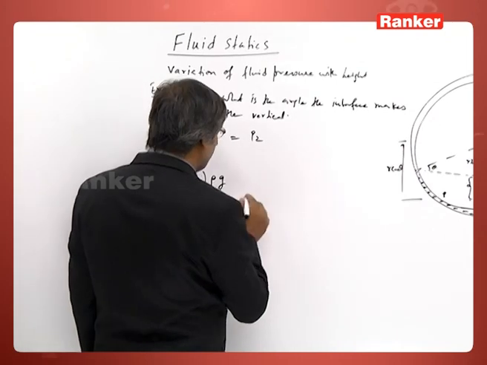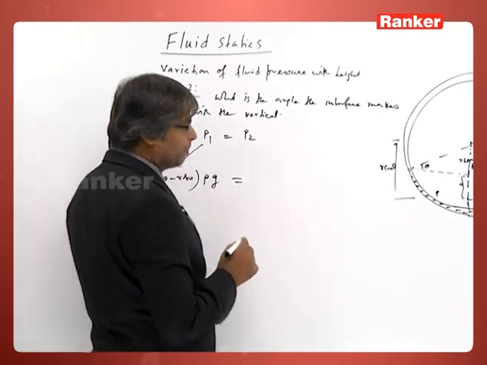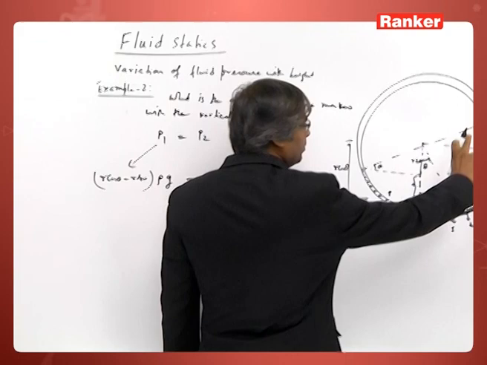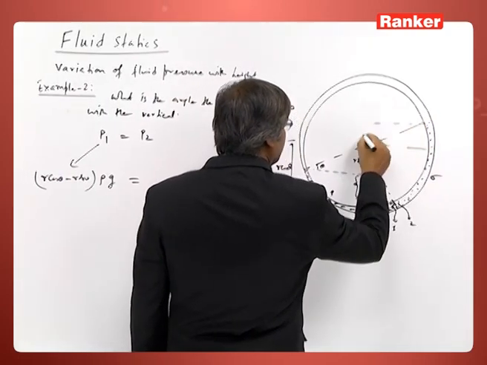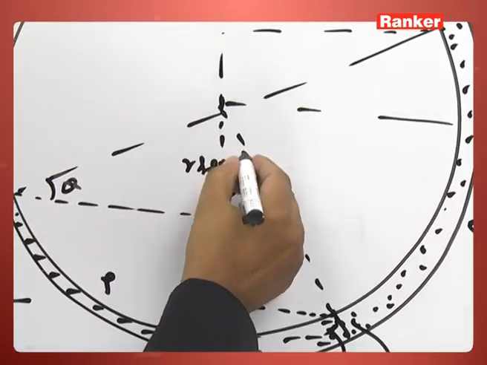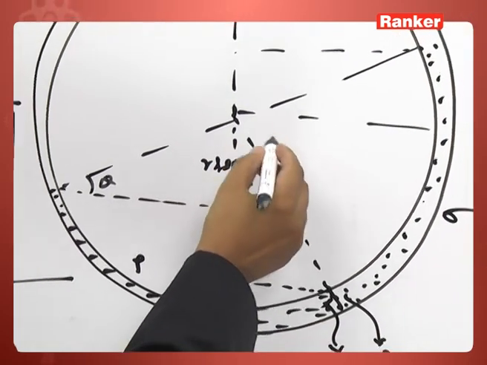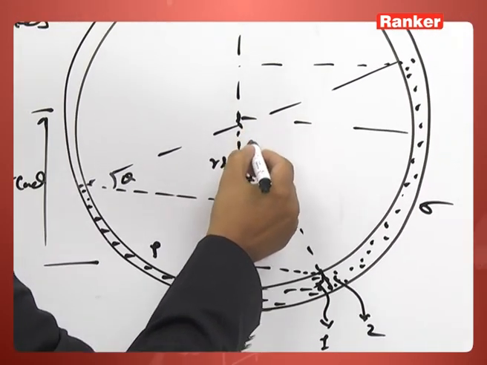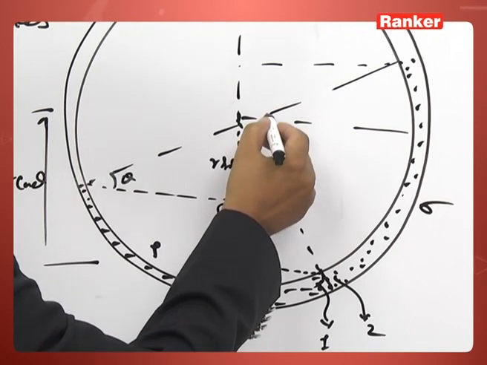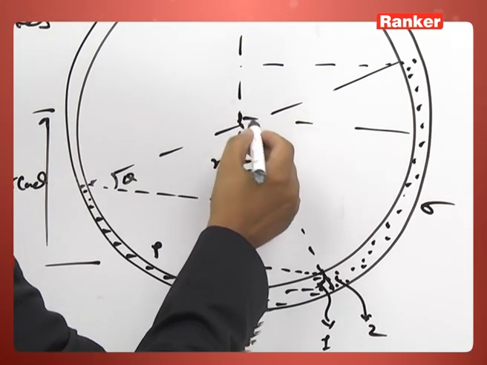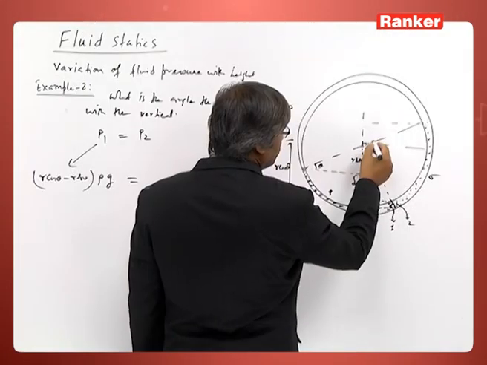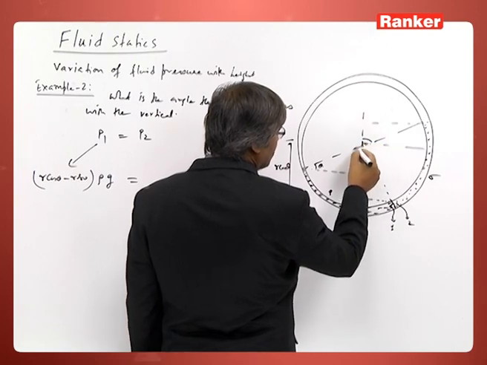This is the pressure, and it is equal to the pressure at this other point. Now, if I extend it, this is theta, this is 90, this is theta, this is 90, and this angle is also equal to this angle.